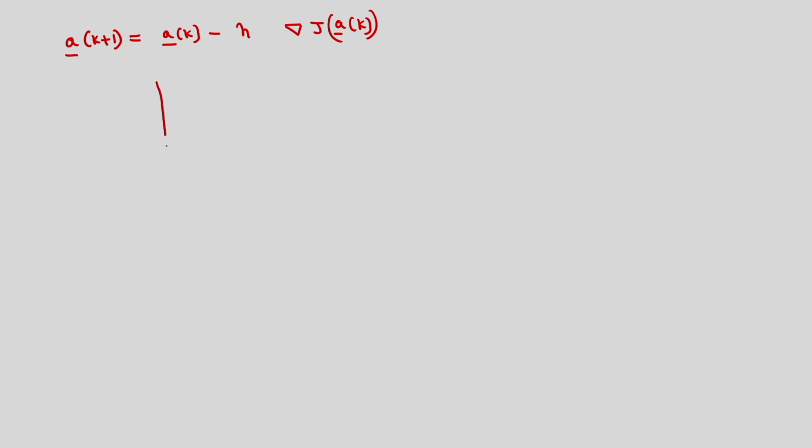Suppose I am plotting J(a), that is the criterion function, with respect to a. Suppose this criterion function is like this, it has a minima.